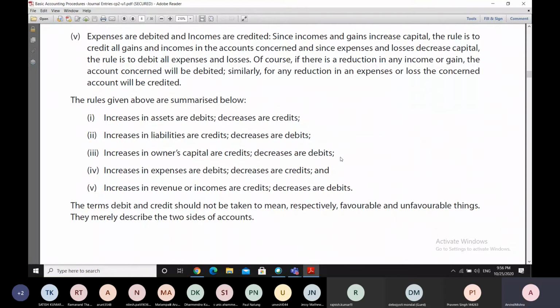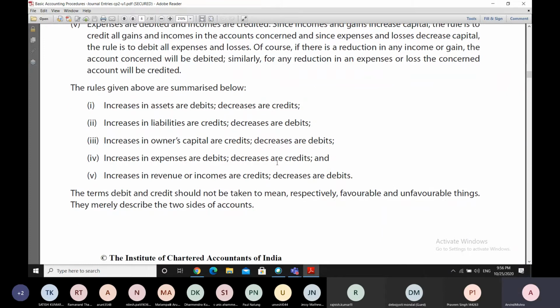Third rule is that whenever there is an increase in the owner's capital, the capital account is credited, and whenever there is a decrease in the owner's capital, the capital account is debited. And fourth rule is that whenever expenses are increased, the expense account is debited, and whenever expenses are decreased, the expense account is credited.